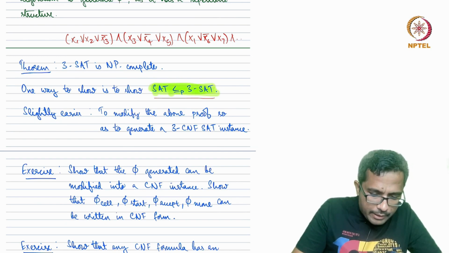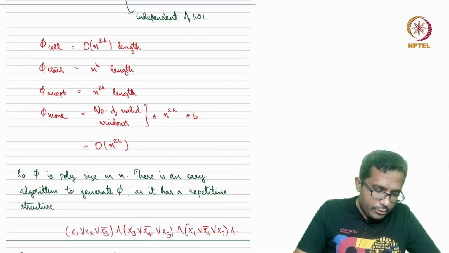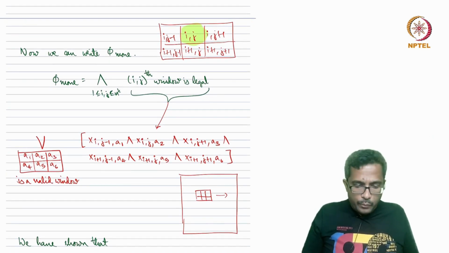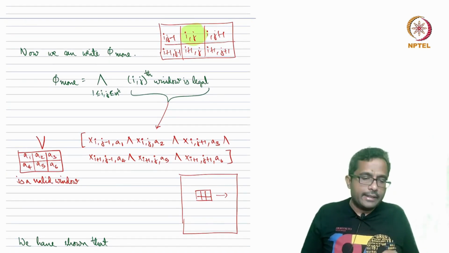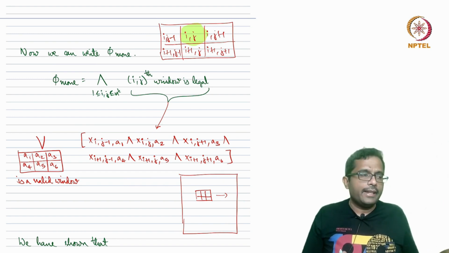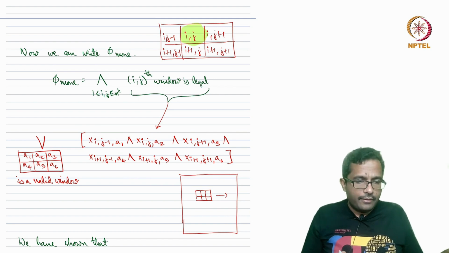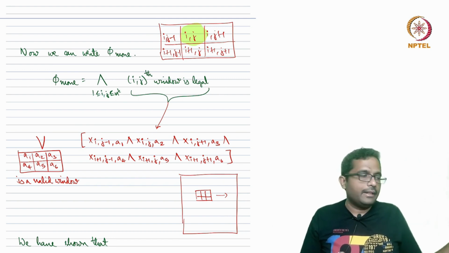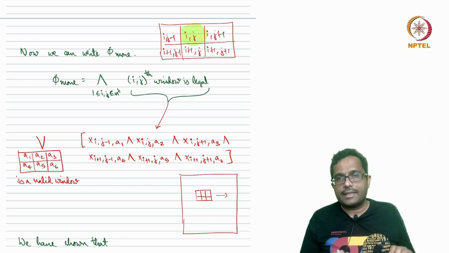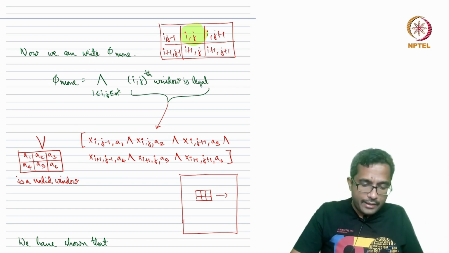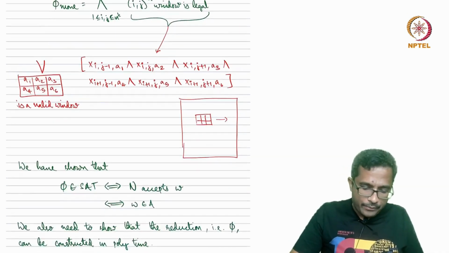Another way, instead of making a fresh reduction, is to tweak the proof we did for the Cook-Levin theorem. We got a formula phi at the end of the proof. Now, if this formula phi is an equivalent 3SAT formula, meaning phi is satisfiable whenever N accepts w, and phi is not satisfiable whenever N does not accept w, and this formula is in 3CNF, then this reduction itself will do, right?